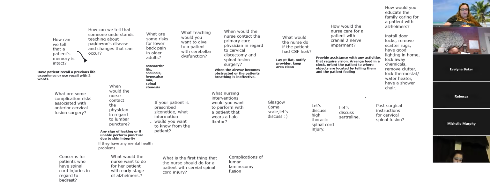So what would you as a nurse do for someone who's admitted and they're in the early stage of Alzheimer's? They came to the hospital because they're experiencing something else. So what would you do to ensure that you're addressing the Alzheimer's as well?